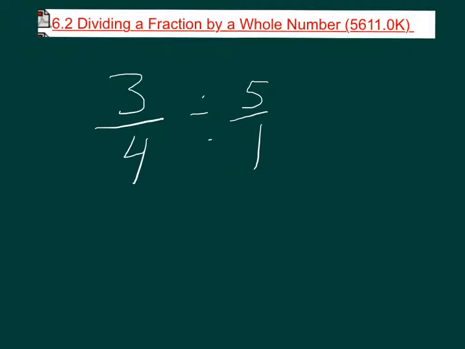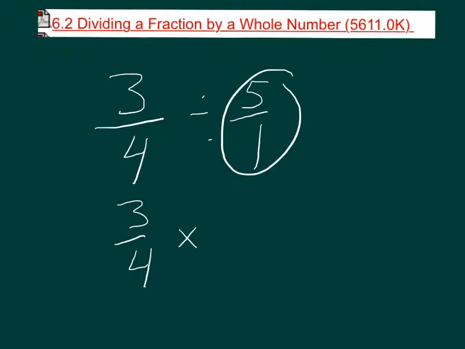The rule is multiply 3 over 4 times the reciprocal of the second fraction. Reciprocal is just a fancy way of saying flip that fraction over. So that's going to become 3 over 4 times the reciprocal of 5 over 1, which is 1 over 5. And so to multiply the top, just the same way as before, 3 times 1 is 3, and 5 times 4 is 20.